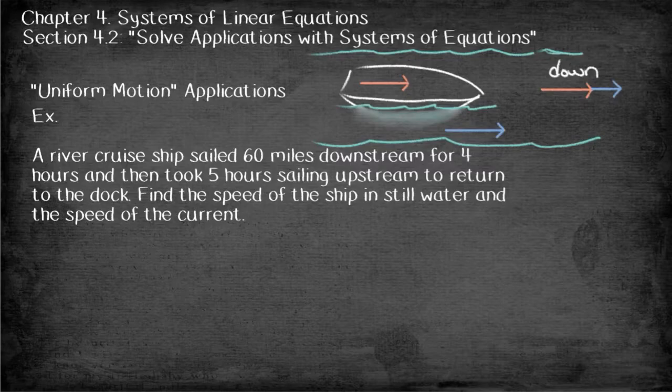So when the boat is traveling downstream, the speed of the current and the speed of the boat are going to be added together. They're combined because the boat is going faster than it normally would.